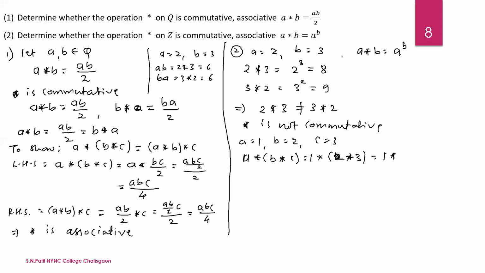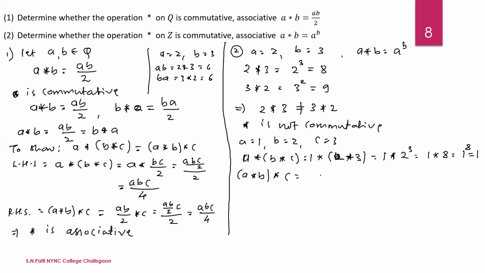By definition, A star B is A raised to B, so 2 raised to 3 is 8. That is 1 star 8, that is 1 raised to 8, which means simply 1.